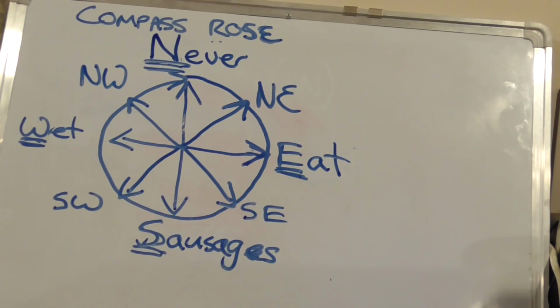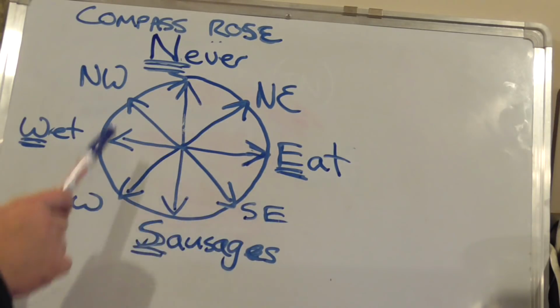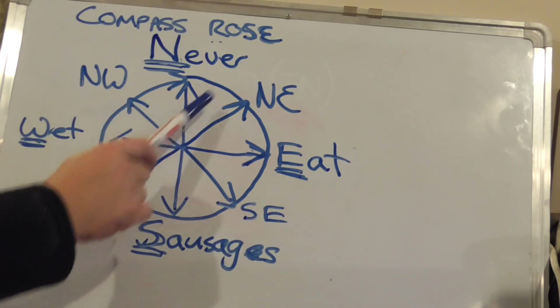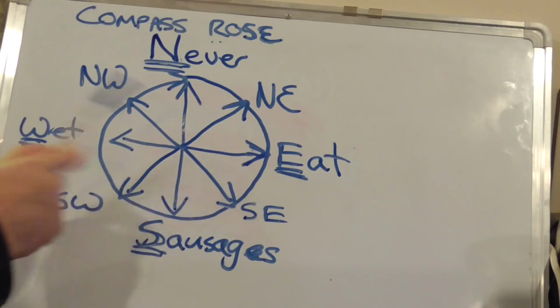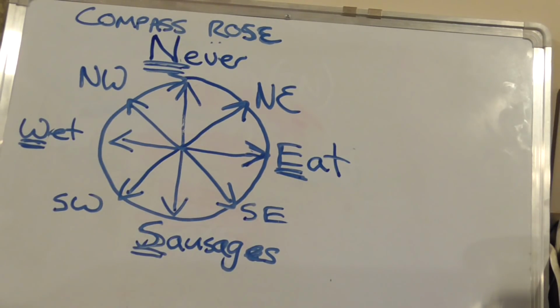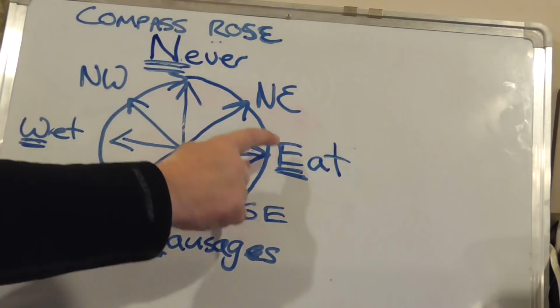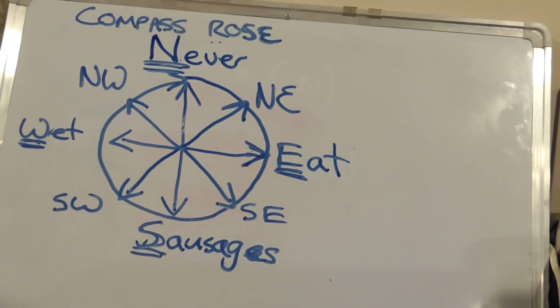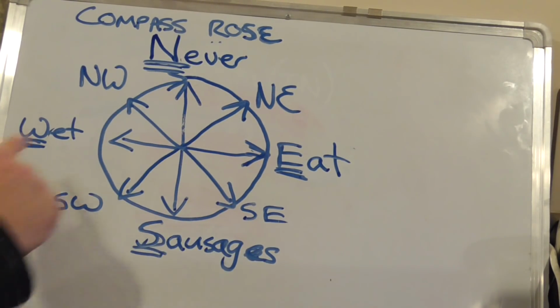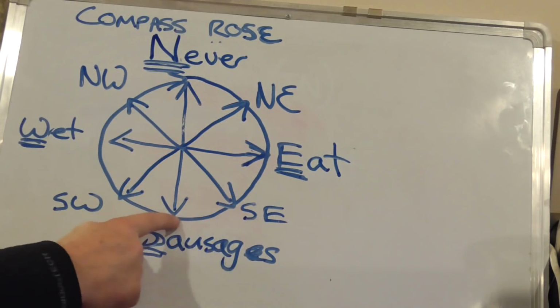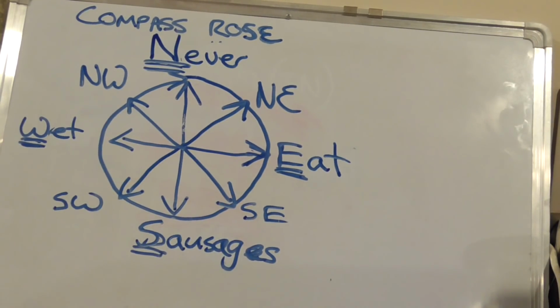You don't really need to remember these other ones, and you can split these up even more if you wish to, but the main ones are north, east, south and west. Remember the term, never eat sausages wet. So that's the compass rose.